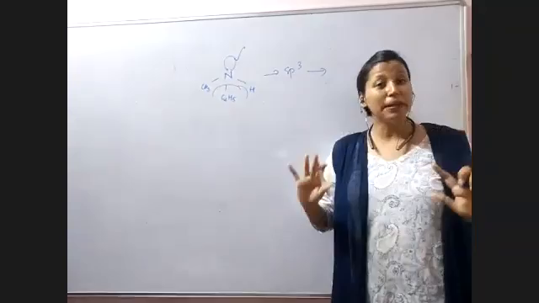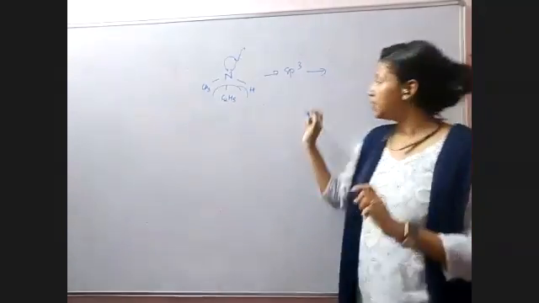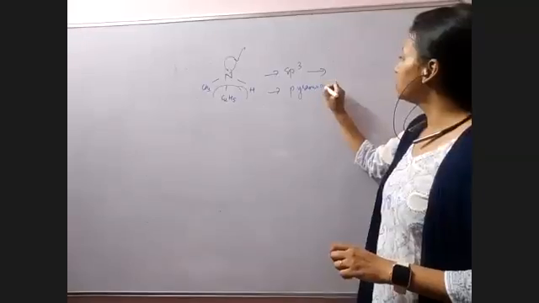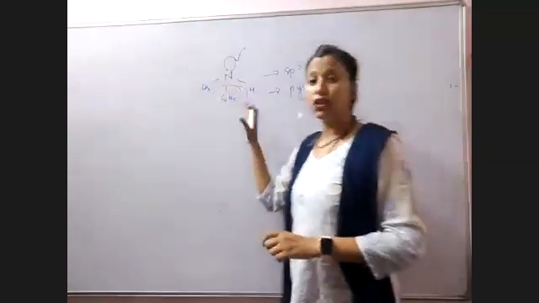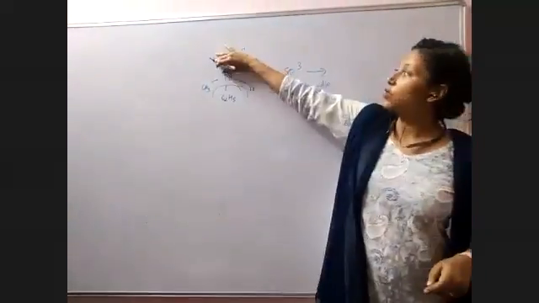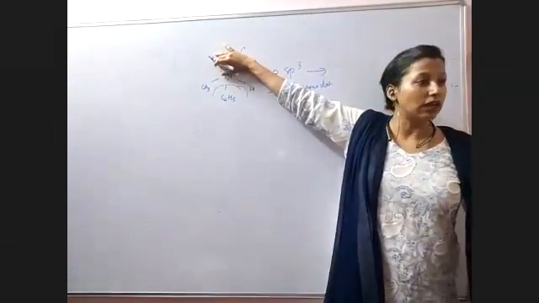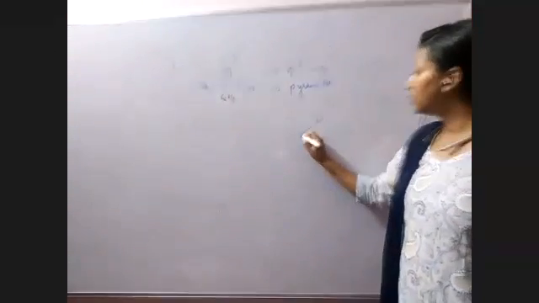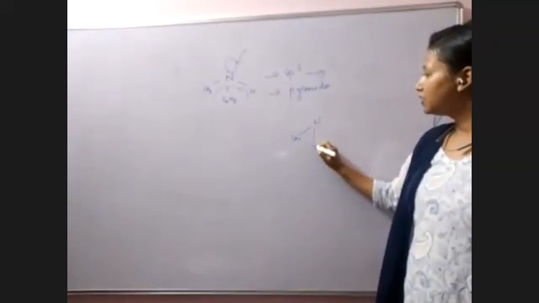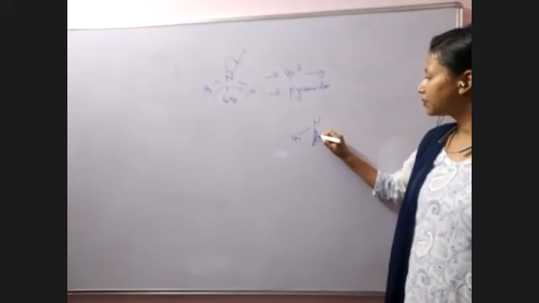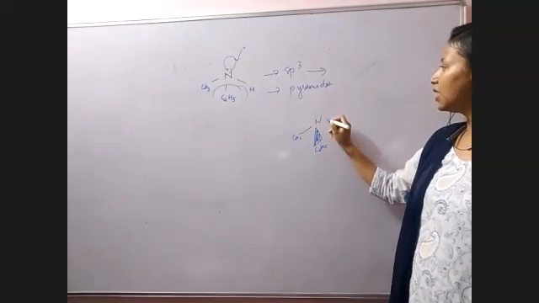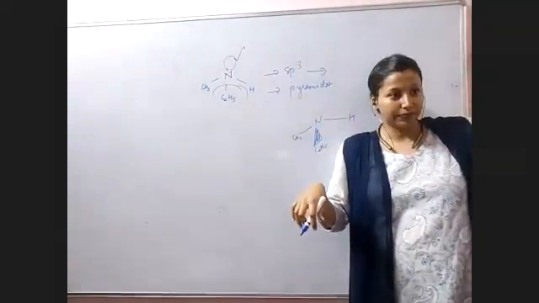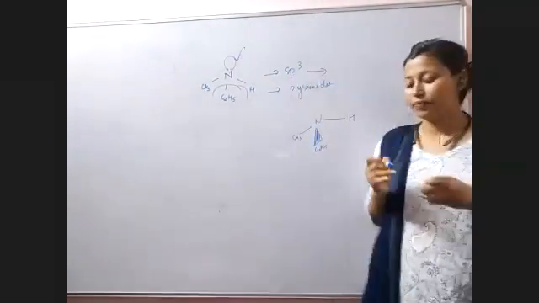This is simply pyramidal. When we are deciding the shape of ammonia, this lone pair is not taken into consideration. There is this CH3, C2H5 सामने है, and at the back you have this hydrogen. So it is almost like a pyramid. That is why the name pyramidal.